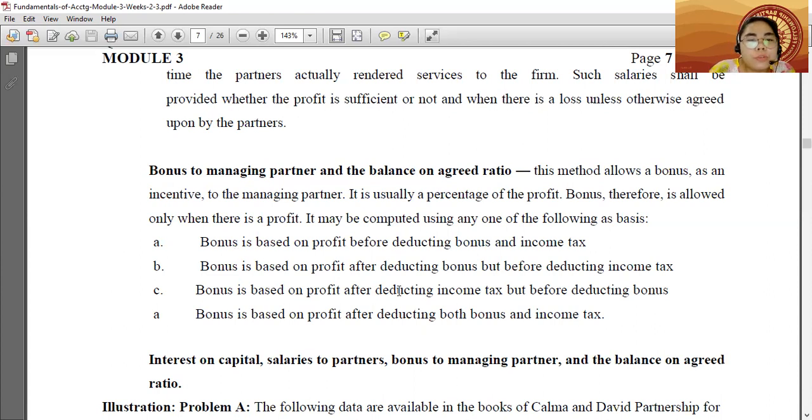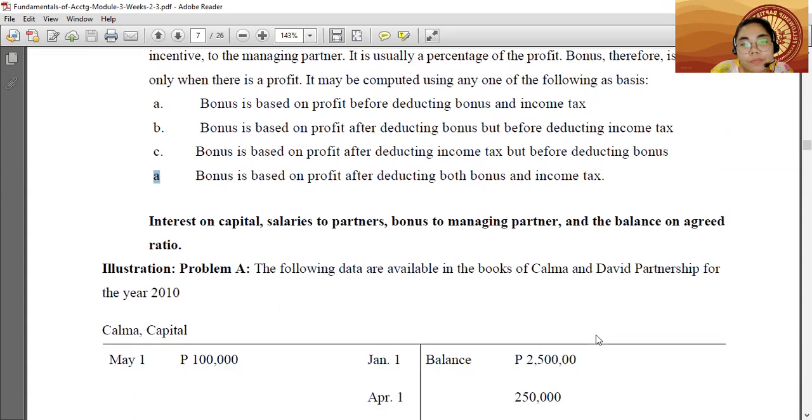Number 2, bonus is based on profit after deducting bonus but before deducting income tax. C, bonus is based on profit after deducting income tax but before deducting bonus. And the last one, letter D, bonus is based on profit after deducting both bonus and income tax.